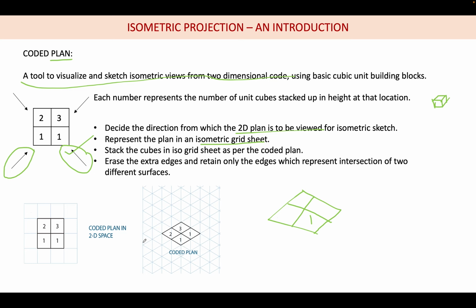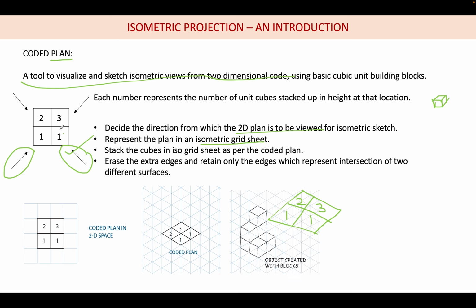Here again, this is your direction of view. Here the first one you have done. Second, if you see this side you are having 1, 1. So here which number will come? 3, and this will be 2. So like this you have to first fix the direction of view, and then do the same in a sheet.